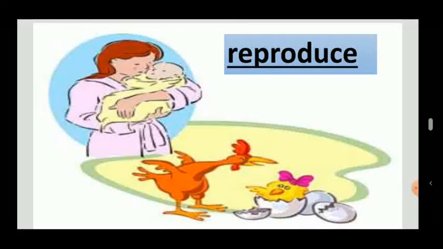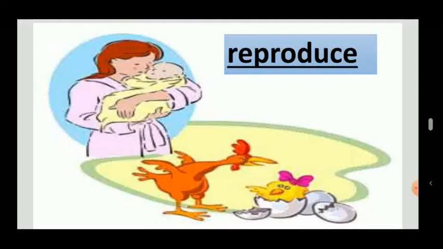Things that reproduce, like a hen gives an egg and a baby hen comes out from the egg. So it is called reproduction. So the things that can reproduce are living things.